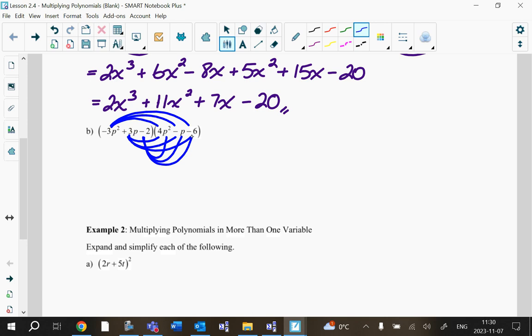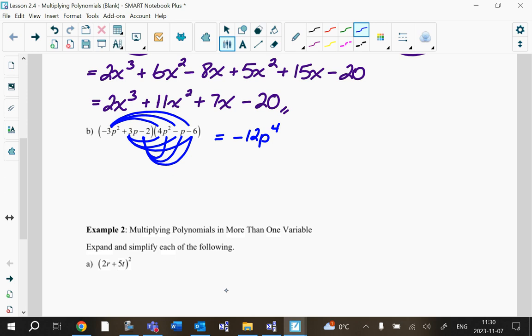So let's keep track of what we're doing. Negative 3p squared times 4p squared. Negative 12p to the fourth. Negative 3p squared times negative p.